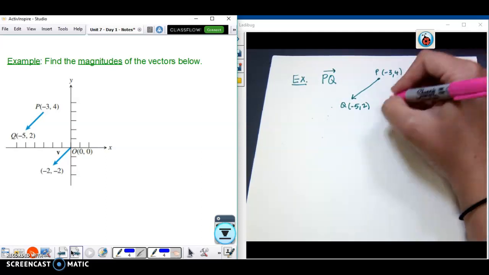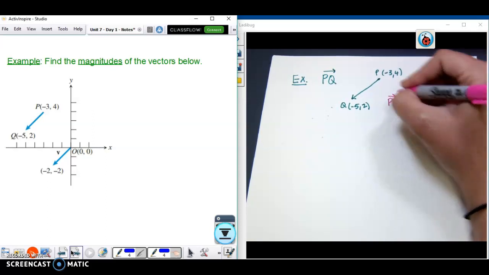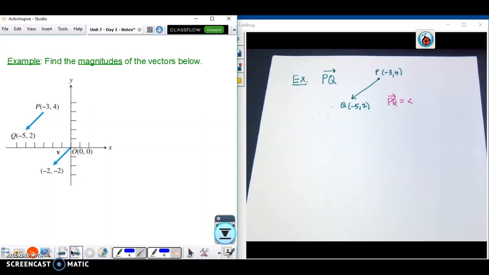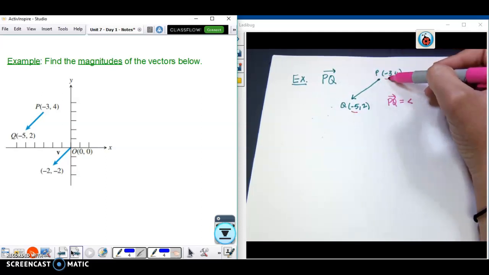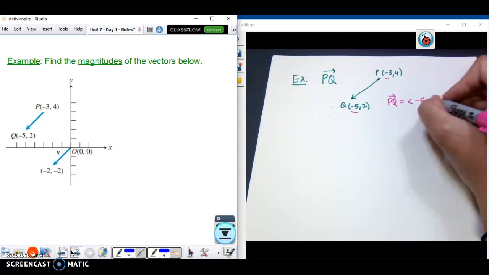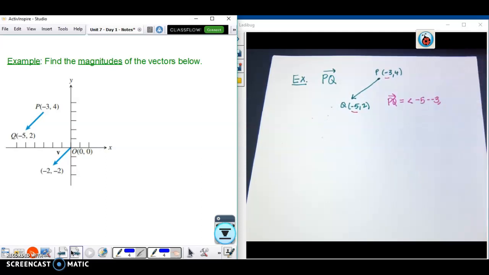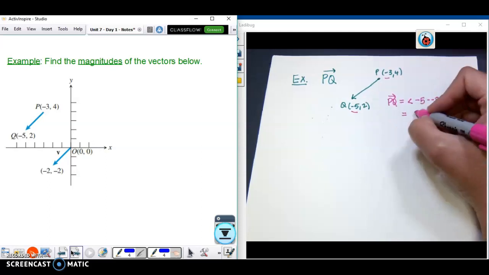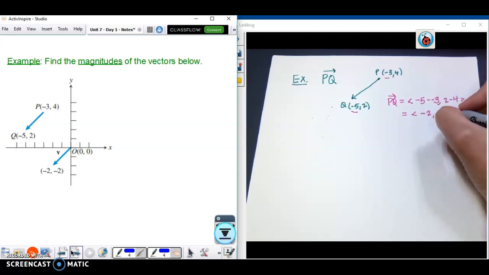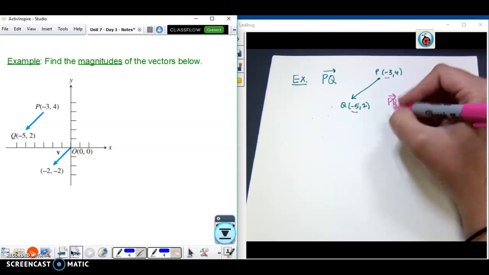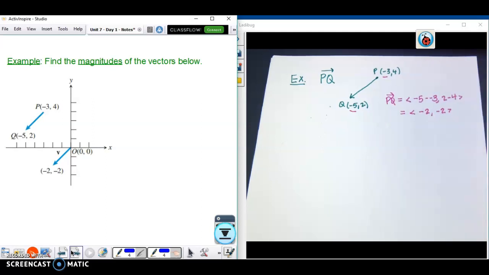So in order to find the PQ vector, we need to use our head minus tail rule. We take negative 5 and subtract negative 3 from it for the x coordinate, and for the y coordinate we do 2 minus 4. So negative 5 plus 3 is negative 2, and that's our vector there.